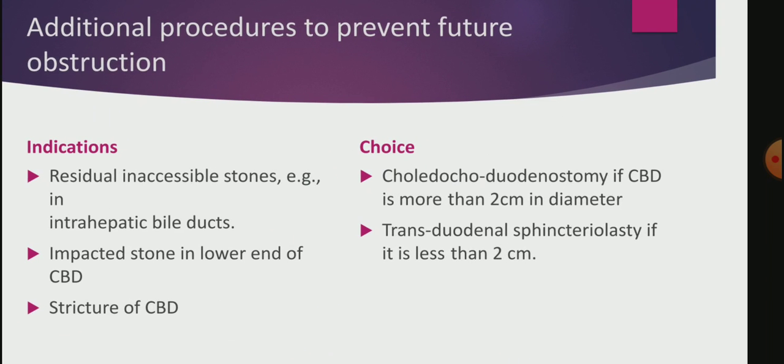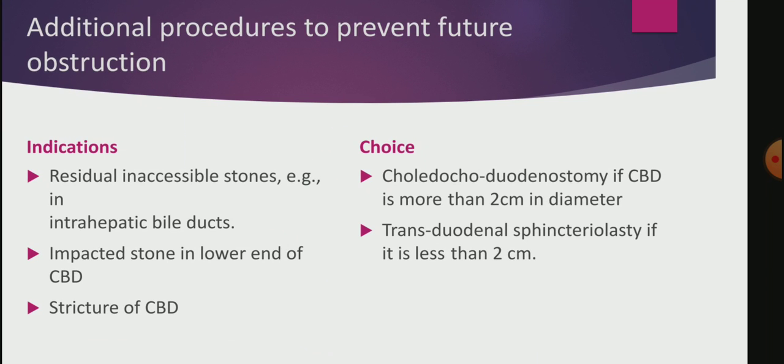Additional procedures to prevent further obstruction. Indications: residual inaccessible stones, for example in the intrahepatic duct, or an impacted stone in the lower end of the CBD, or stricture of the CBD. In all these indications, ERCP or exploration of the common bile duct with a T-tube is difficult.